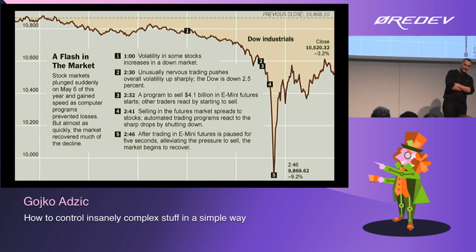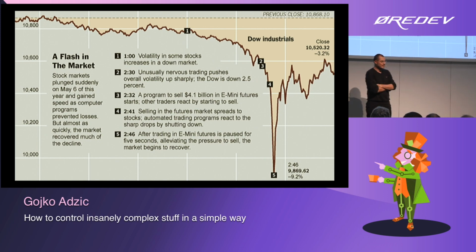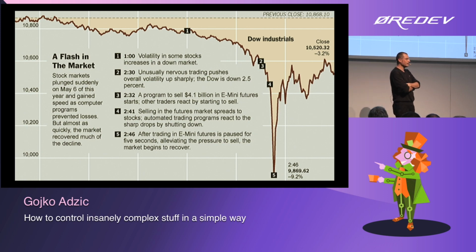And what had happened is there was this guy called Navinder Singh who was living with his parents in London, and he was trading as an amateur trader, and he wrote an algorithm that would just send orders to the exchange and then cancel it a moment later if he doesn't think he's making money. And I don't know whether it was a bug or not, but he sent 19,000 orders to the stock exchange in a very short period of time.